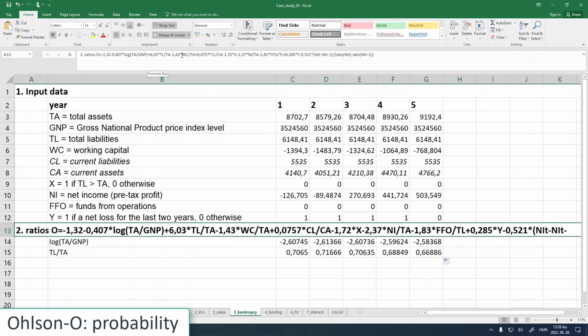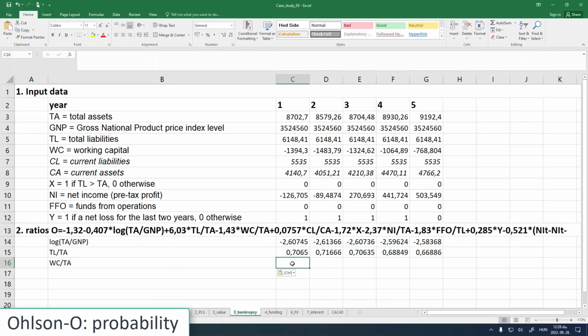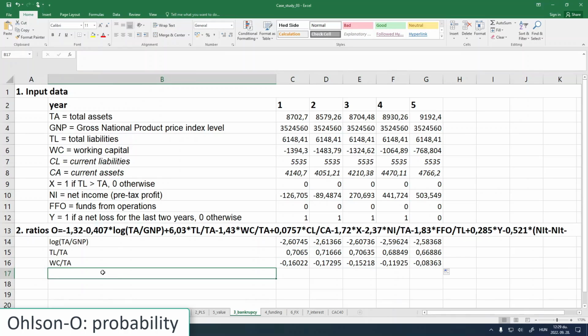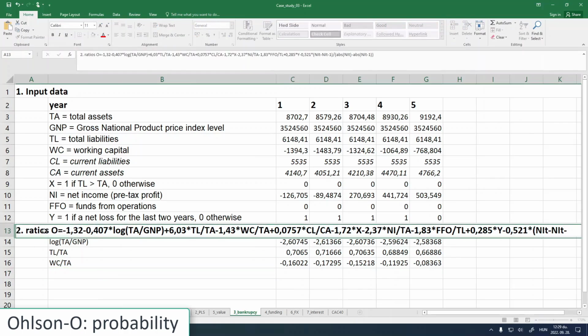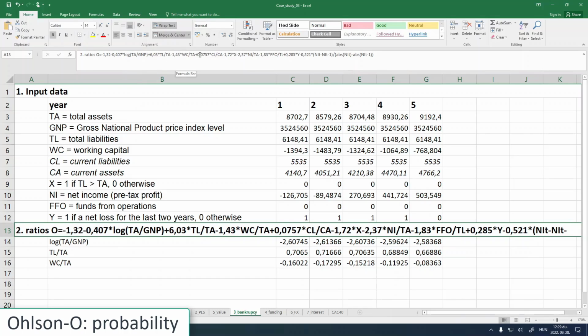Then the next thing will be working capital divided by the total assets. Since it was negative, it will be negative here as well, so for the short run we can have issues, so at least the funding is a bit aggressive.